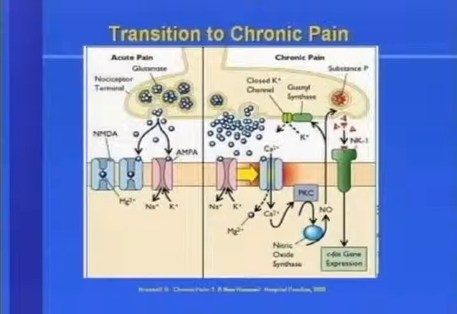In chronic pain states, what we believe happens now is that there's a bombardment of glutamate against the NMDA receptor. That receptor changes conformation and in essence leads to new gene expression. And that c-Fos gene expression, we believe, sensitizes the dorsal horn cell and leads to this phenomenon called central sensitization, chronic pain and perhaps neuropathic pain.